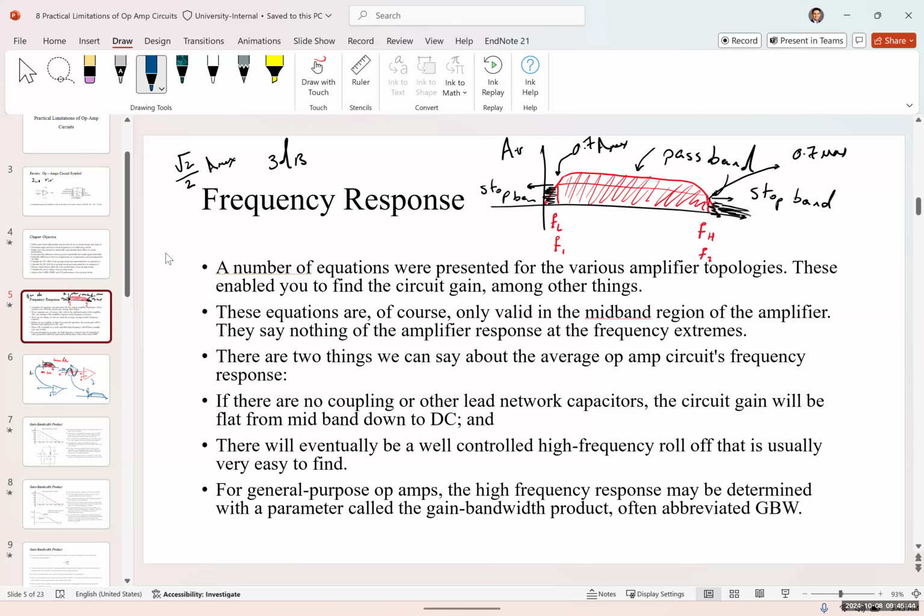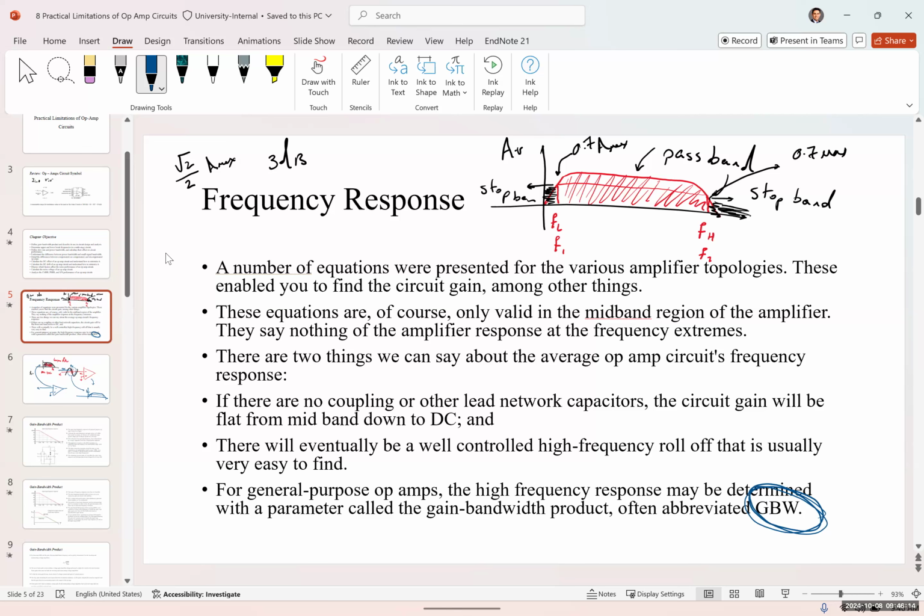And the way that we find that is usually the manufacturer gives us the data sheet, and in that data sheet, we have something called the gain bandwidth product, and the upper cutoff frequencies are also mentioned over there as well. So the gain bandwidth product is what determines our upper cutoff frequency, and it's usually provided by the manufacturer.